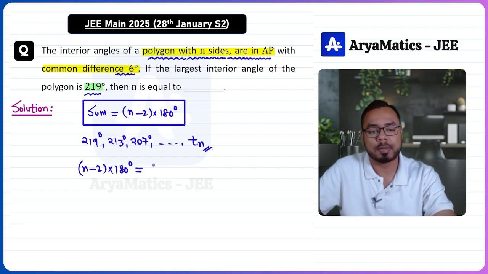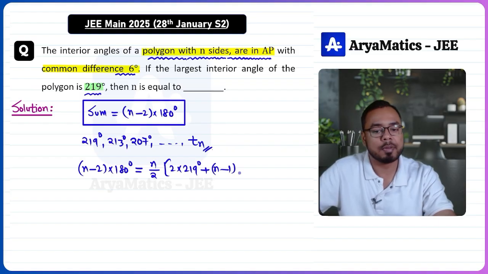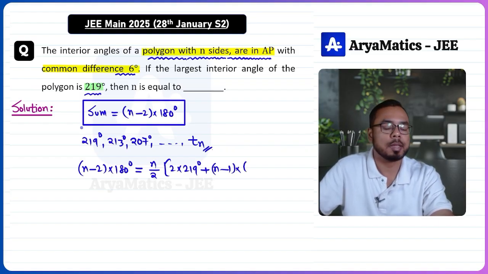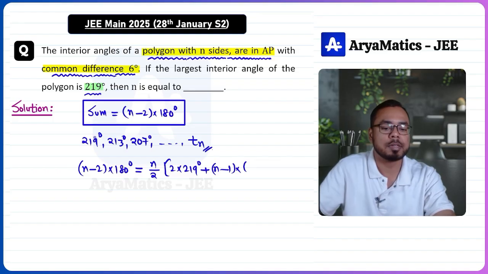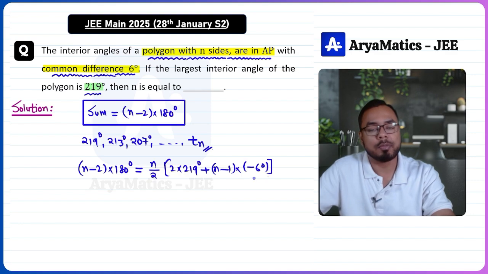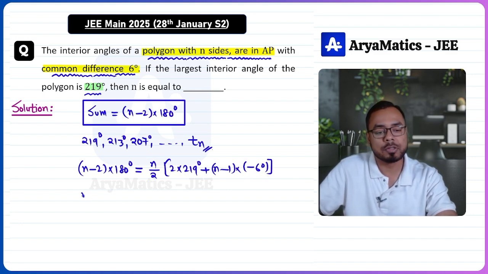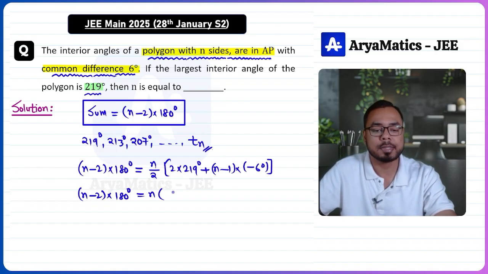And if I use the formula for the sum of n terms of AP, then n by 2, 2 into A plus n minus 1 into common difference D. Now, because we are writing the AP in decreasing form, writing the last term first, the common difference will be minus 6, right? And now we need to solve this equation. So n minus 2 into 180 degrees, and on the right hand side you will get n into 2, we can cancel.